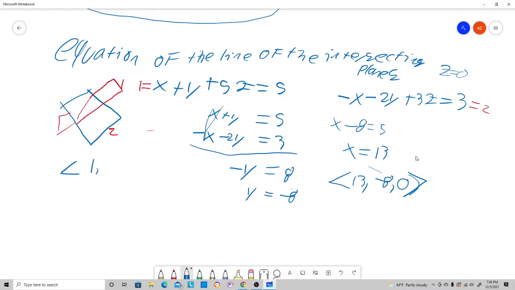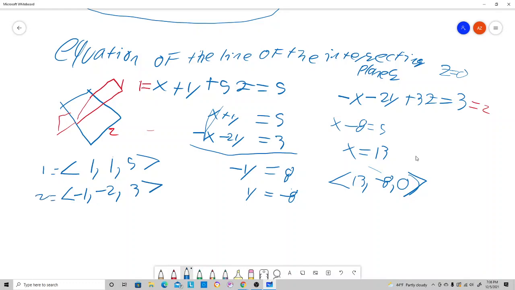So 1, 1, 5 is n1, and the other normal is -1, -2, 3, and this is n2.